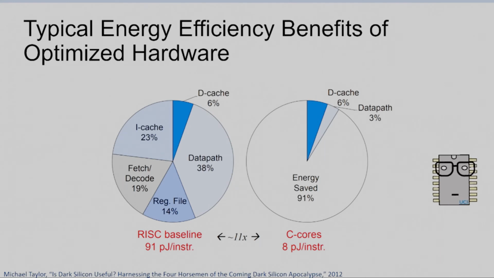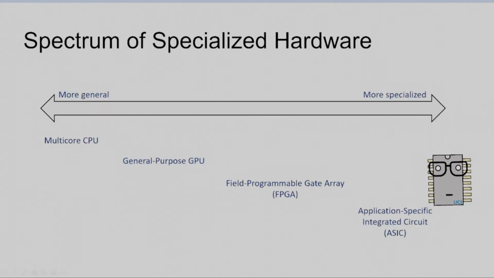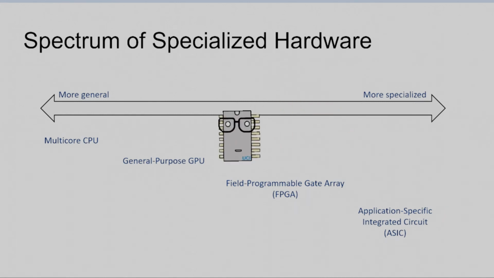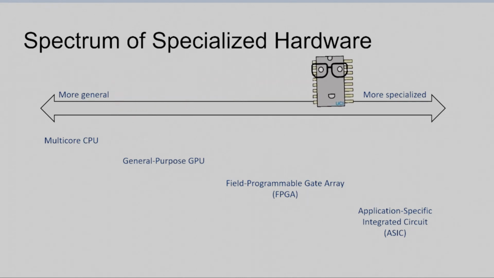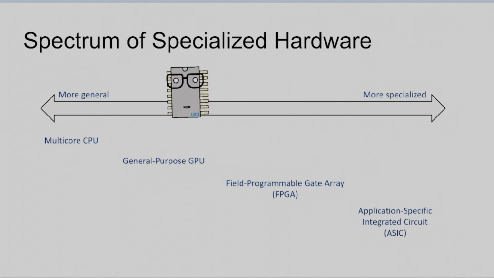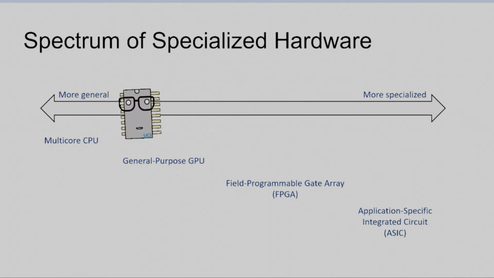So that's good. That's at least a second prominent answer to what we can do in light of the current problems. And there's quite a wide spectrum of specialized hardware available, spanning from more general and less efficient processors, all the way to more specialized and, most of the time, more efficient hardware, starting from multi-core CPUs, which are the most general.